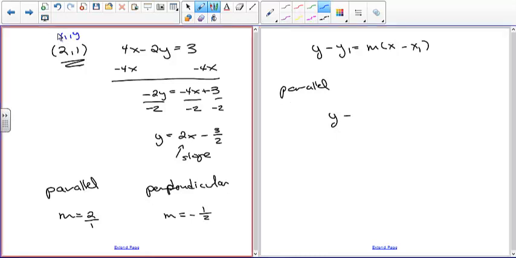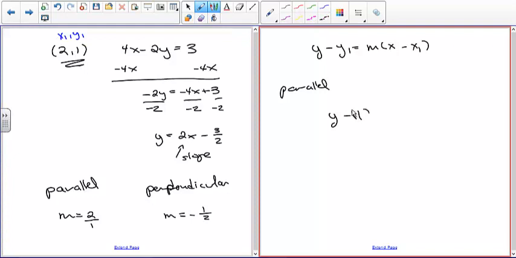Well, not minus x1, y1, but minus y1, which is 1. Slope is 2 times x minus x1, which is 2. So you get y minus 1 is equal to 2 times x minus 2. Multiply out the right-hand side.